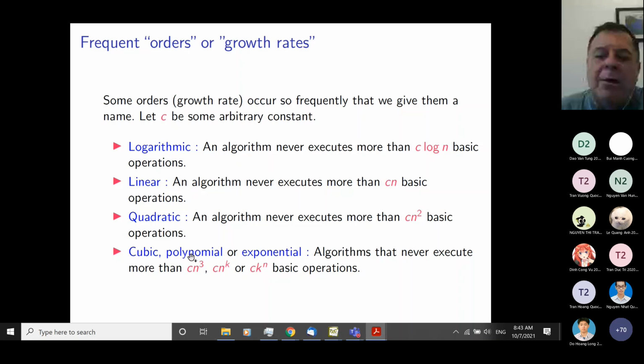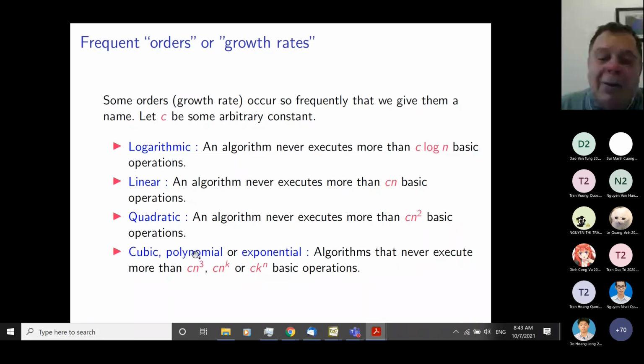This is not in this class, but if you take a more advanced class related to complexity theory, this will become a very important concept in that context, but here it's not very important.